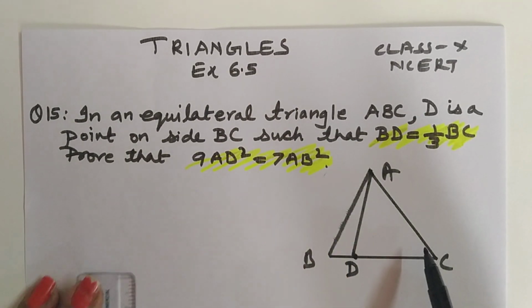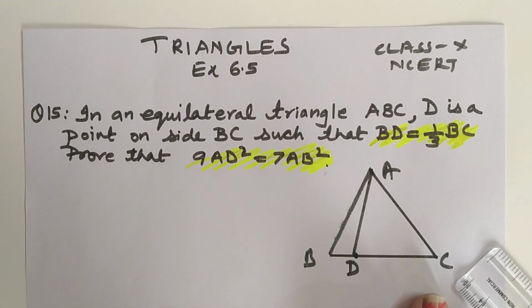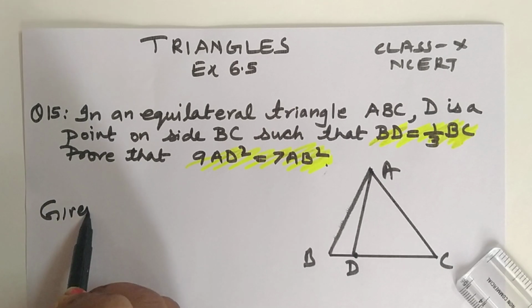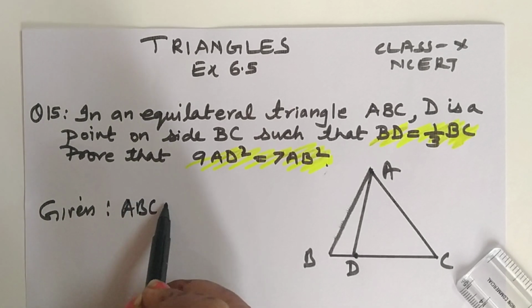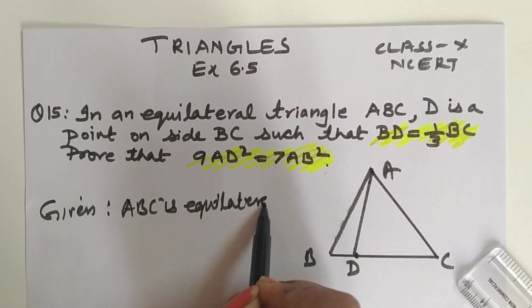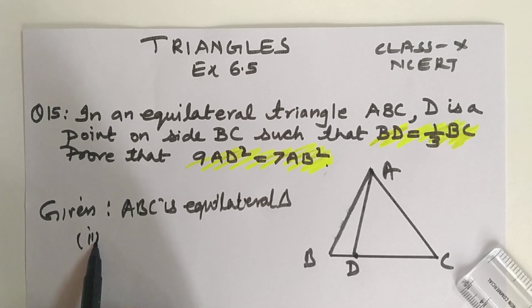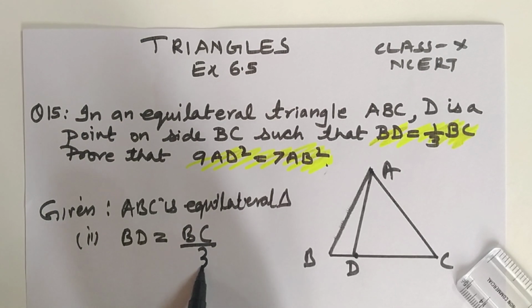This is the figure that is given to us according to the question. Now, given: ABC is an equilateral triangle, and the second thing given to us is BD is equal to BC upon 3.